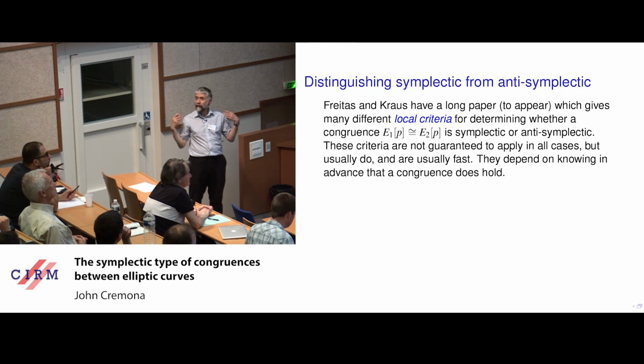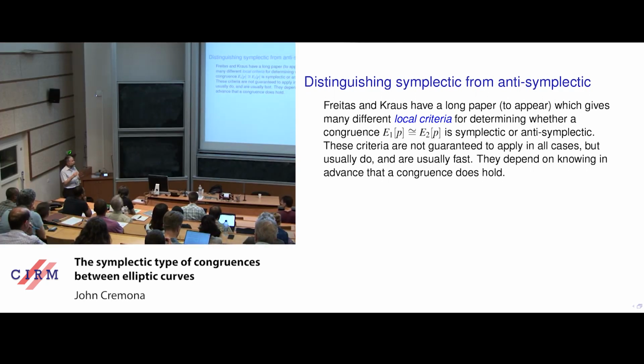In their work, they assume that E1[p] and E2[p] are congruent, and they give various criteria, which I'm not going to explain. There are lots of them, and some of them are simple, some complicated, saying that if this test passes, it's symplectic, or if this test passes, then it's antisymplectic.